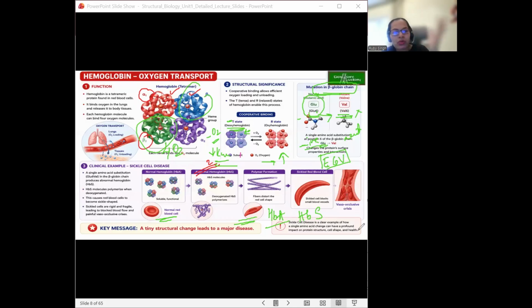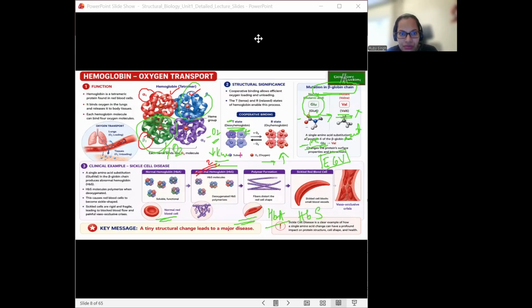It will lead to abnormal polymerization of the hemoglobin molecules. So because of this mutation, the hemoglobin surface got affected, the interactions got affected, the polymerization got affected, hence it is not able to transport oxygen, leading to anemia. I think this is all clear.